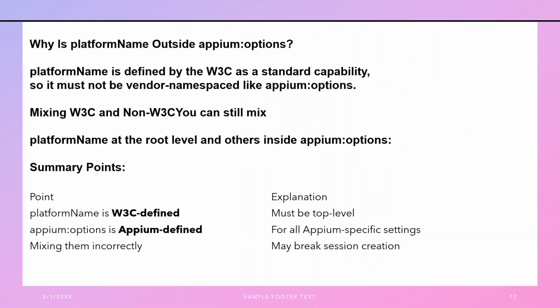It didn't create a session, saying that the platform name is not APM defined. It is a standard W3C capability, so you should not use it under the APM options. Simple. The platform name is defined by the W3C as a standard capability. You should not put it in the vendor namespace like the APM options. So it is very important to remember this with the platform name capability when you are using the APM options.